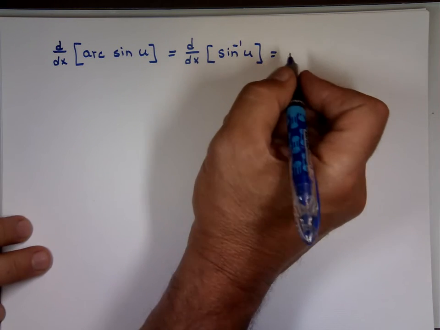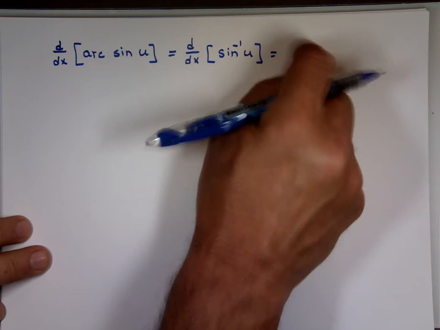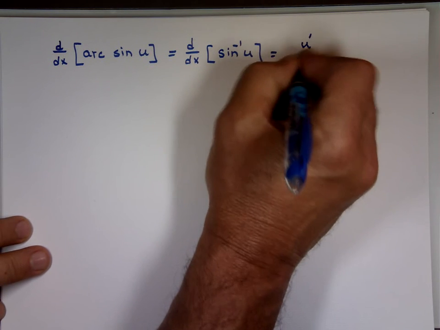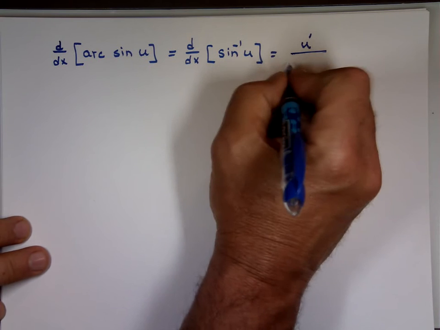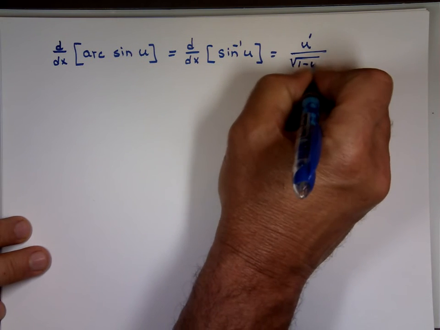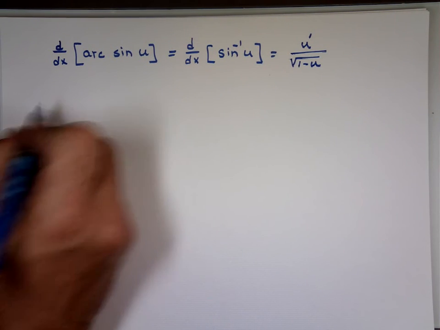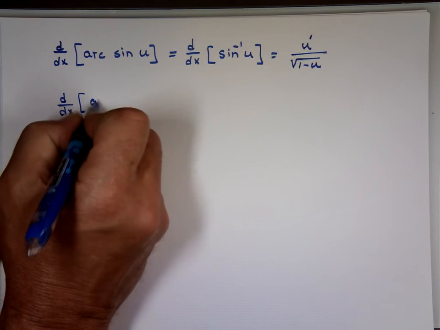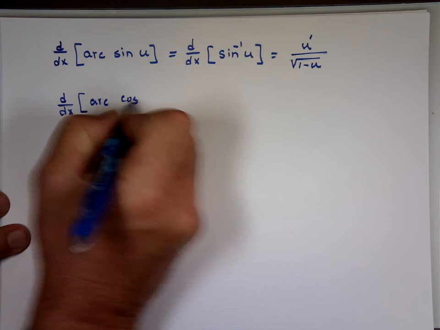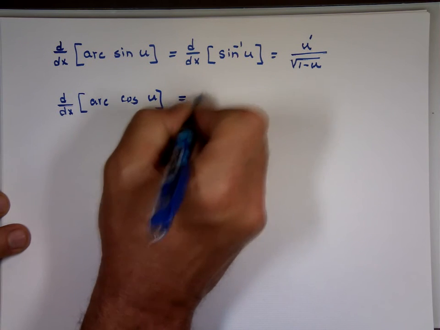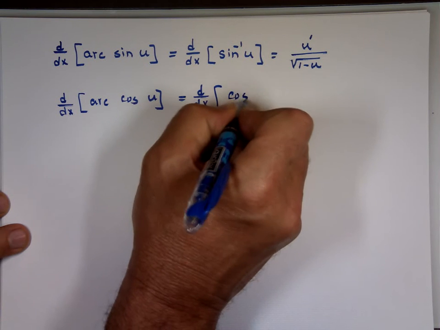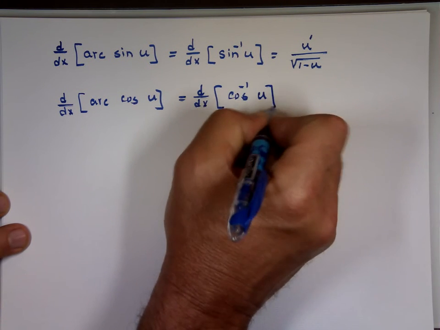If this is u, the derivative is u sub prime over the square root of 1 minus u squared. The derivative of the cosine, or arc cosine, is negative.